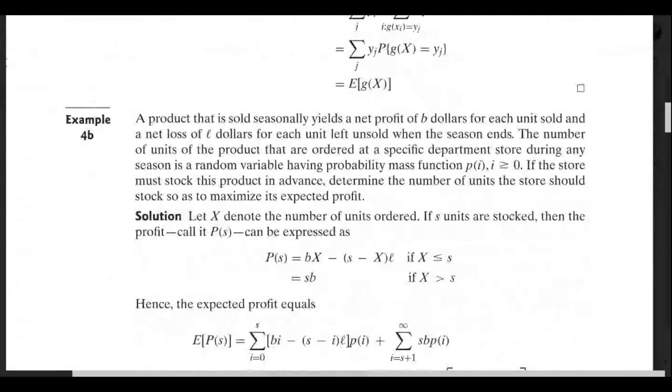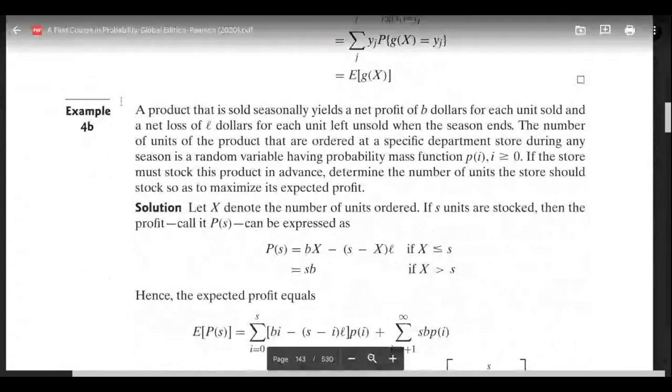Let's see one more example. A product that's sold seasonally yields a net profit of $b for each unit sold, and a net loss of l for each unit left unsold when the season ends.